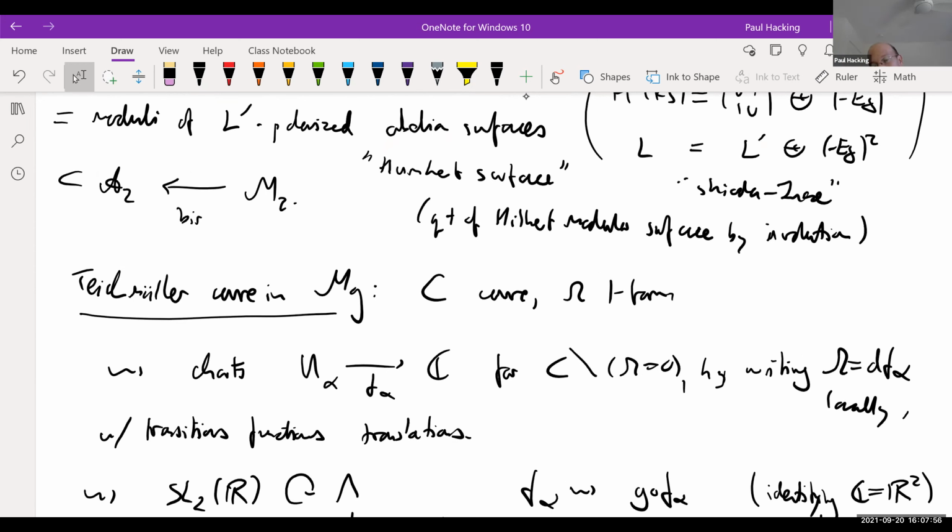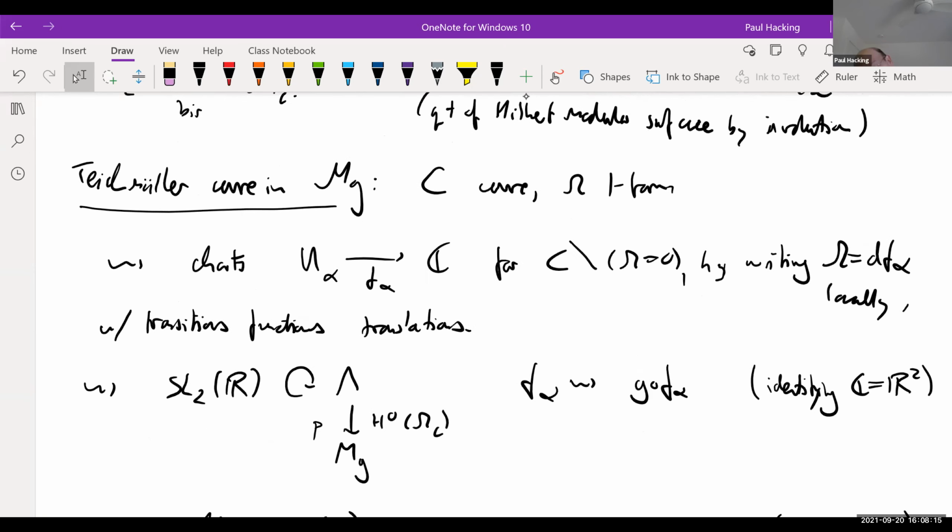And those charts have the property that the transition functions are just translations, because of course this f is determined up to a constant. Now, this construction, so these are sometimes called translation surfaces.